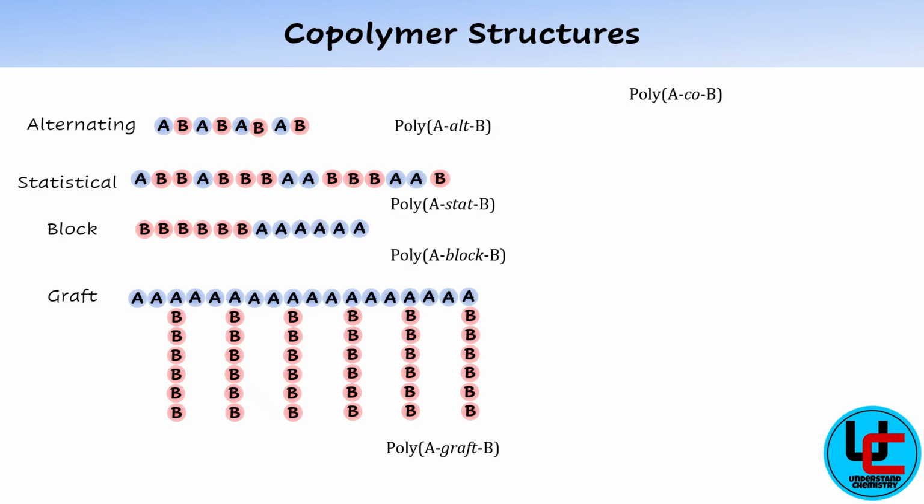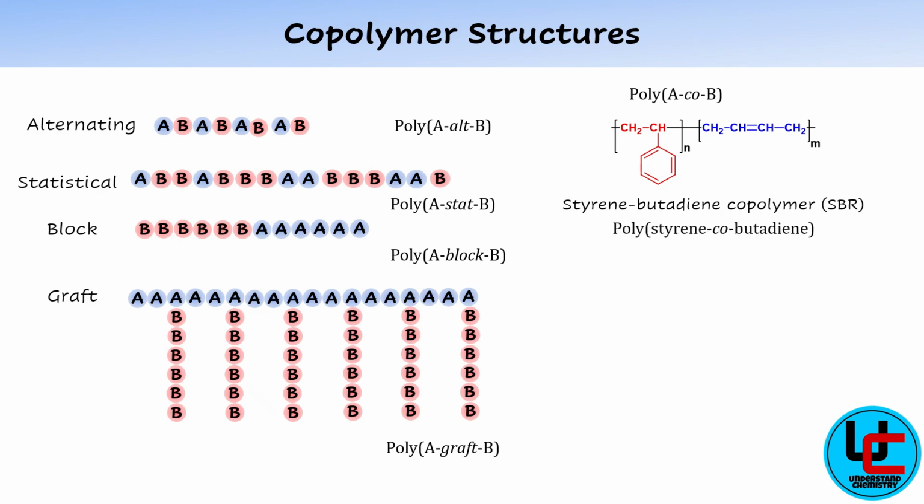Please do remember all these short forms for each particular type of copolymer, like alt, stat, block and graft, must be written in italic. Let us understand the nomenclature with the help of an example. Here is the structure of styrene-butadiene copolymer. Since it is a copolymer, we can write polystyrene-co-butadiene.